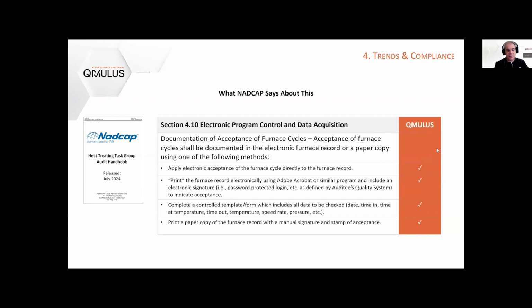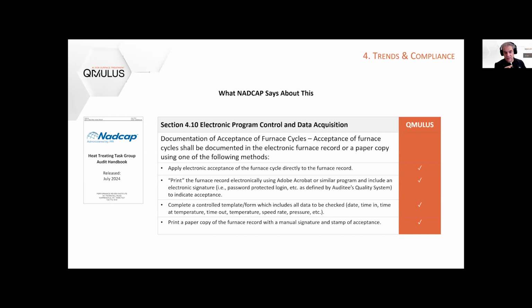Okay. So basically the answer is yes. The trends are going that way, and you know that the trends are going that way when Nitrix is doing it, but also when the auditors are starting to modify the specs, allowing more and more definition, defining what is allowed and what is not allowed automatically.